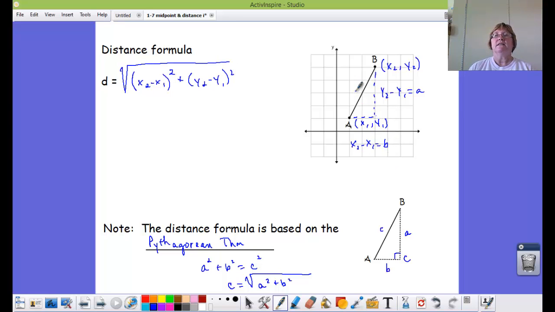And what we said up here is to find the distance, we take the square root of the a thing squared plus the b thing squared. That is applying the Pythagorean theorem. The distance formula gives us a handy way to do distances if we don't have a picture. If I have a diagram, I'm almost always going to go with the Pythagorean theorem because it's what we know best. Let's see if we can apply that.